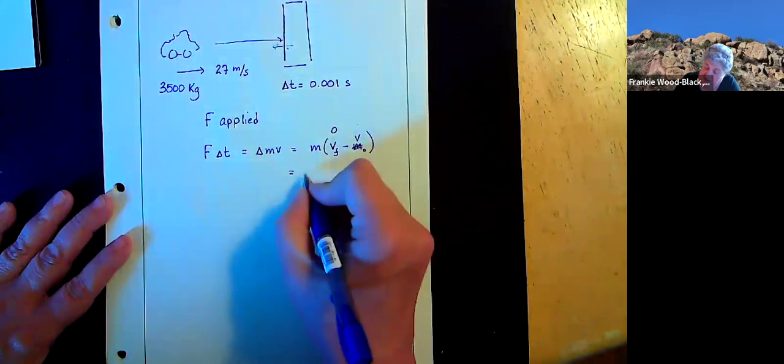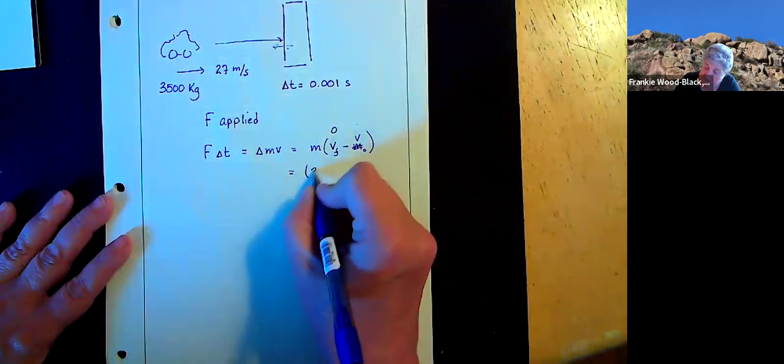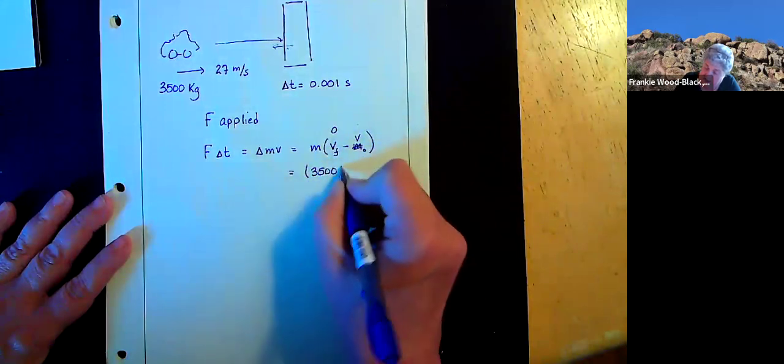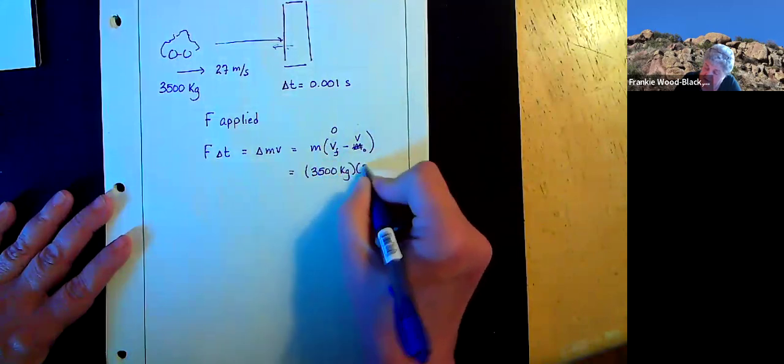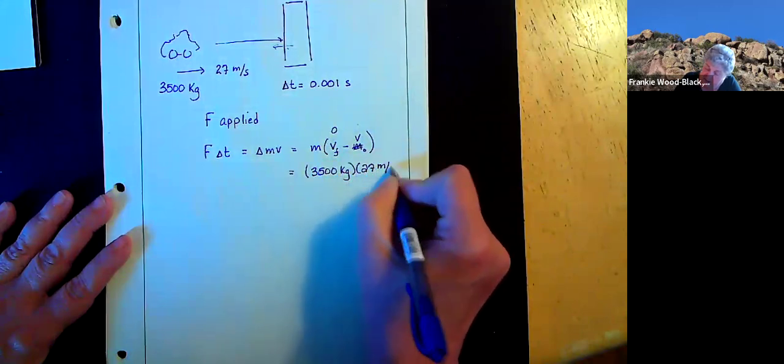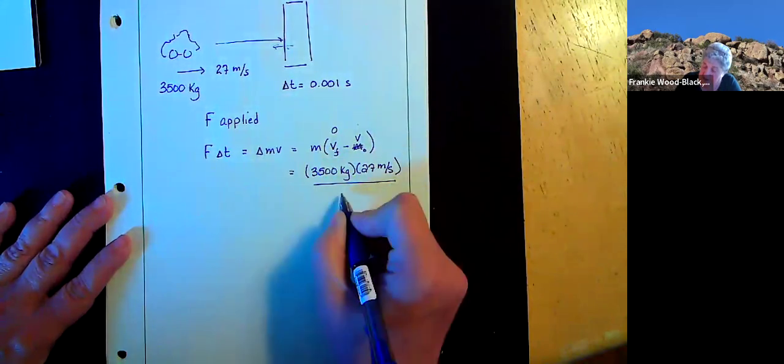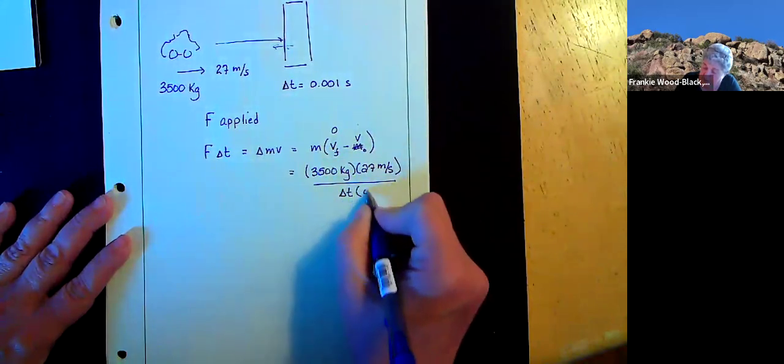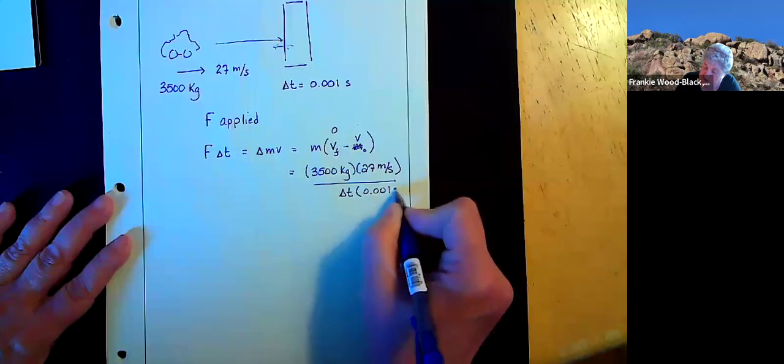So my change is going to be 3,500 kilograms times my 27 meters per second divided by my change in time, which is 0.001 seconds.